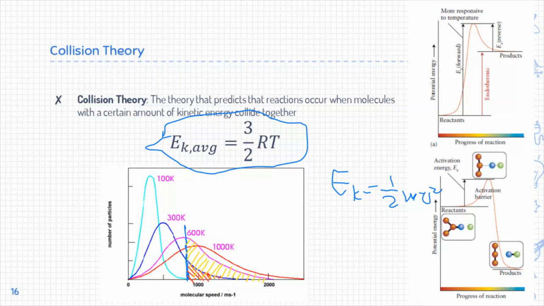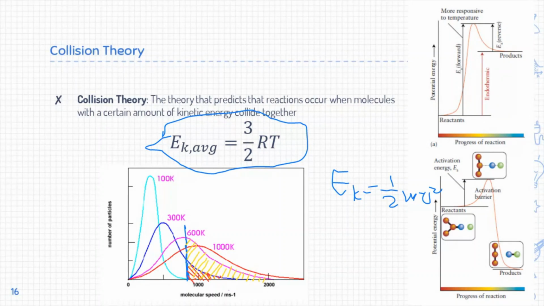All right, so why do molecules need to have activation energy or a certain amount of kinetic energy for a reaction to occur? Well, first of all, repulsions between molecules are a thing, and they raise potential energy. Once the two molecules contact, the potential energy becomes substantially greater and reaches its maximum.